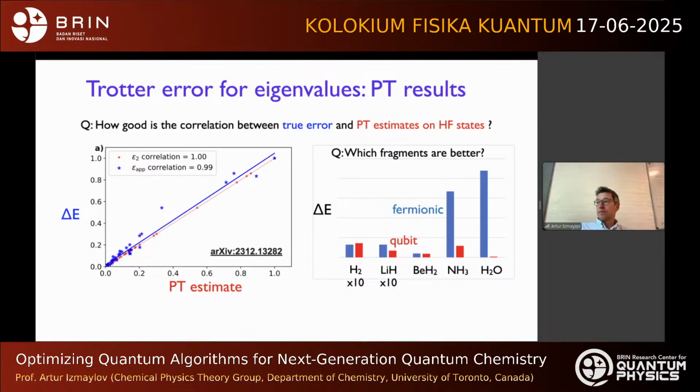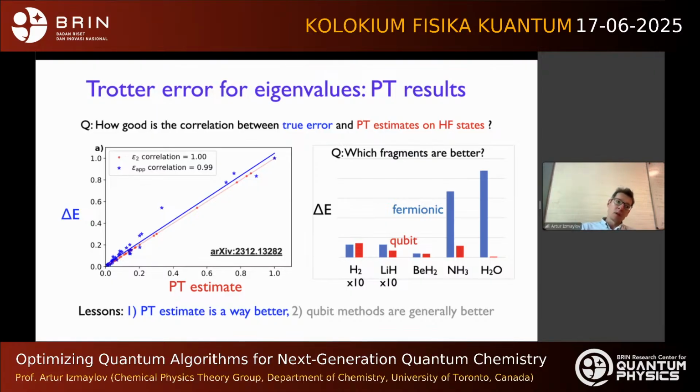And if you would like to analyze the Trotter error, the lesson here is you should not be using the upper bounds for the difference of norms of the propagators. You should use this perturbation theory for the eigenvalues, and generally qubit methods are better than fermionic ones.